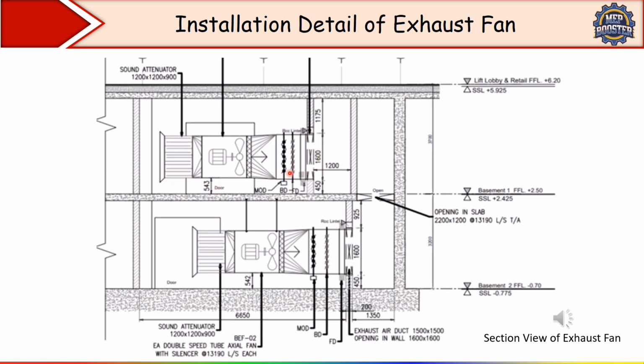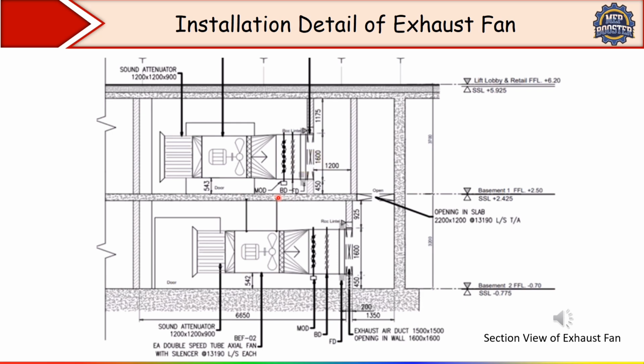And you can see here we have different components inside this fan. This is our fan. Now here we have a motorized damper. Why are we using this damper? To regulate the speed of our fan. Then after that we have a backdraft damper.